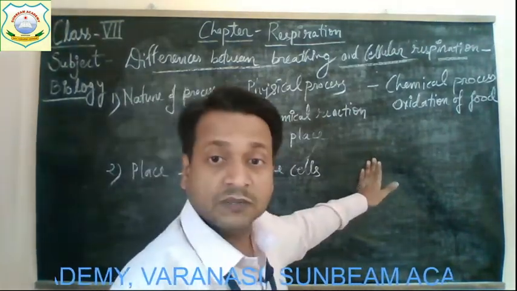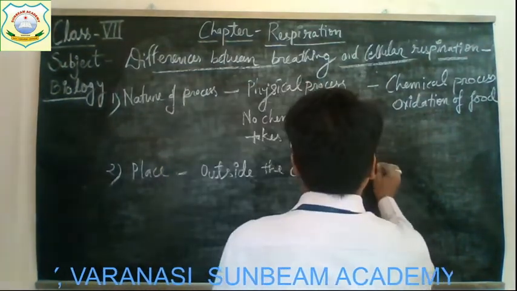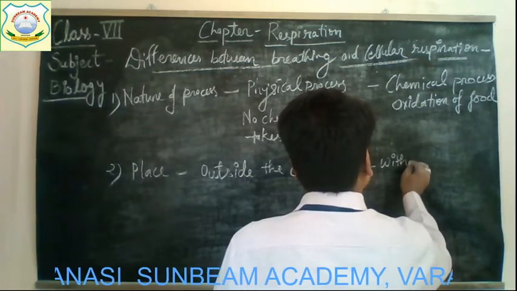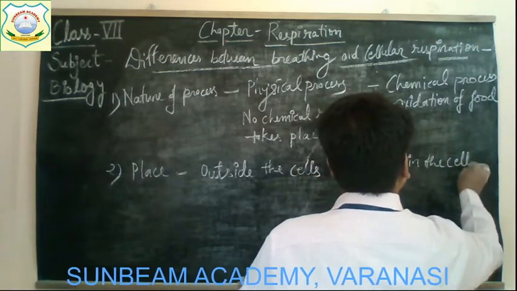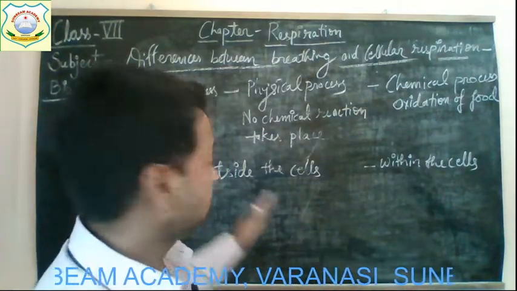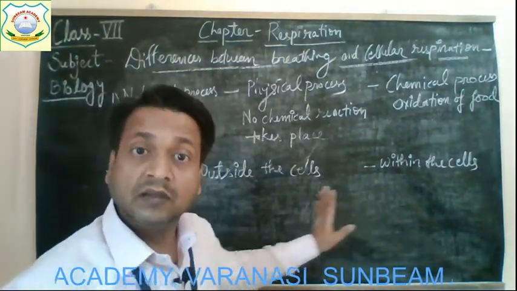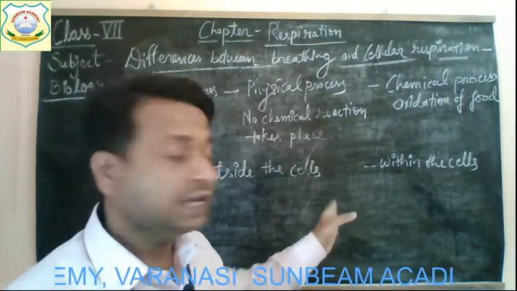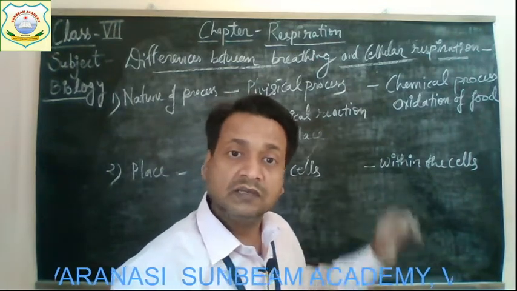Whereas cellular respiration takes place within the cells. Get it, children? So on the basis of place, what is the difference between breathing and cellular respiration? The process of breathing takes place outside the cells, whereas the process of cellular respiration takes place within the cells.